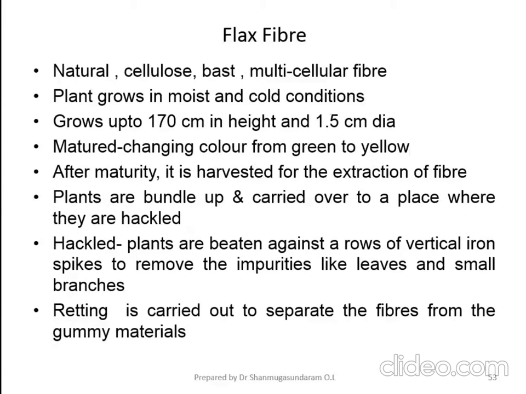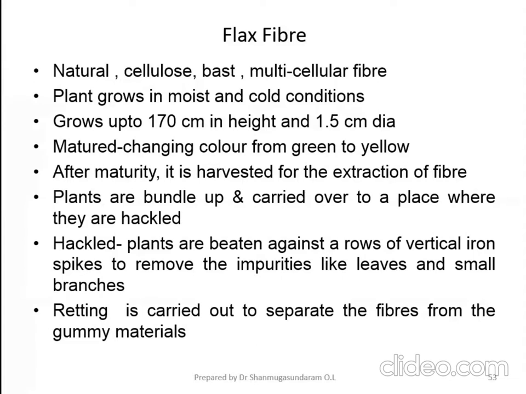Then the fiber will come to the maturity position. Once it has reached maturity, the color of the flax fiber changes from green to yellow. So once the color changes from green to yellow, what is the indication?